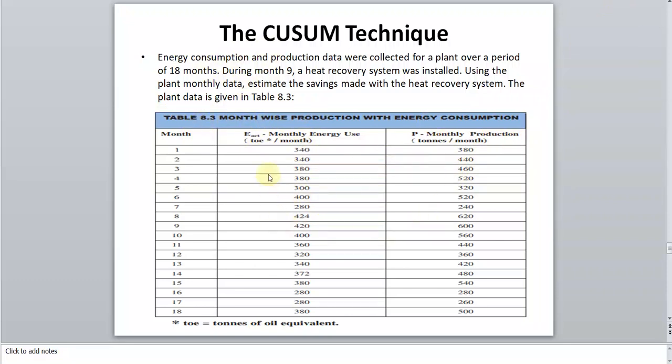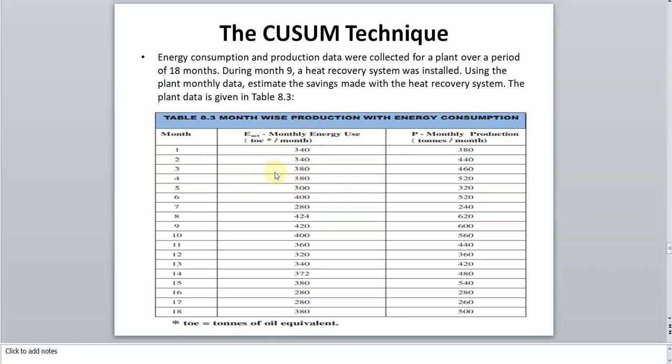To obtain the CUSUM data sets, we require two data, that is energy consumption per month, and then production per month, that could be in numbers or in tons of weight. Now here there is an industry of which we have taken data.